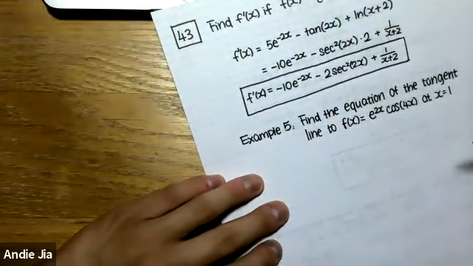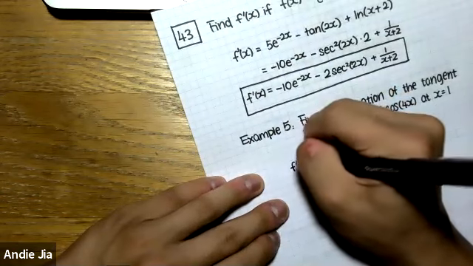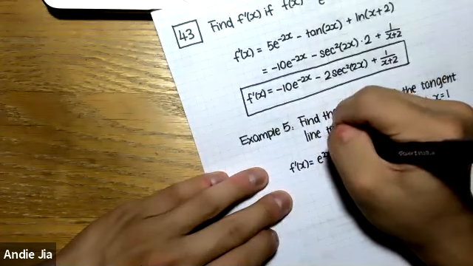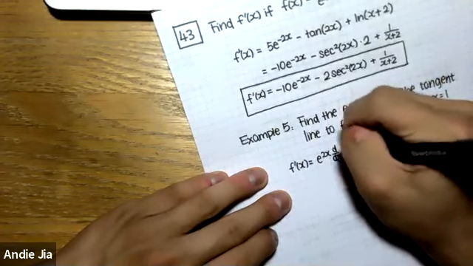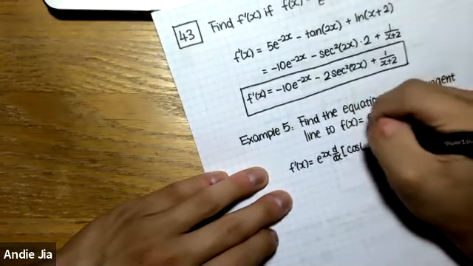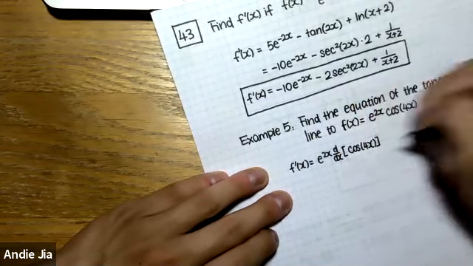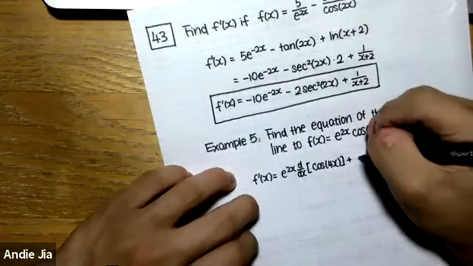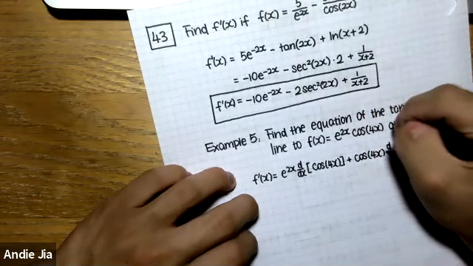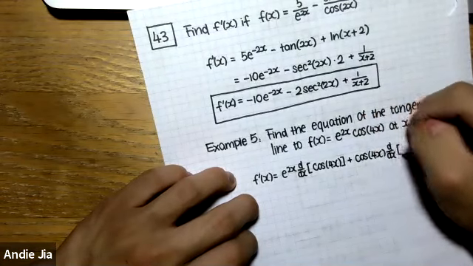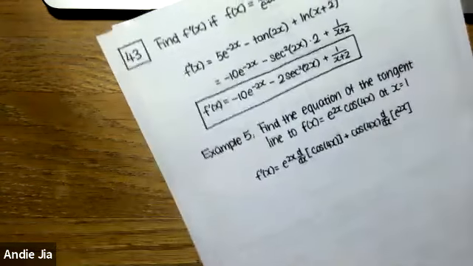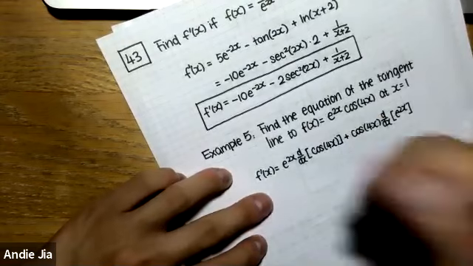We need f prime of x, which is e^(2x) d/dx of cosine of 4x plus cosine of 4x d/dx of e^(2x).